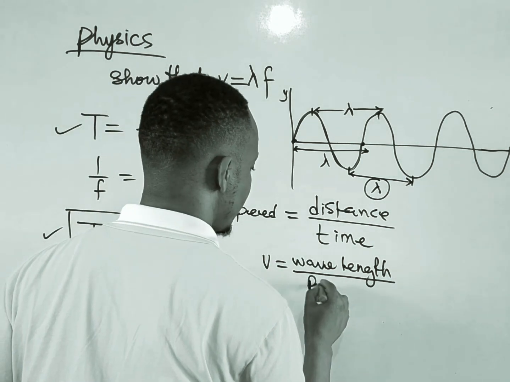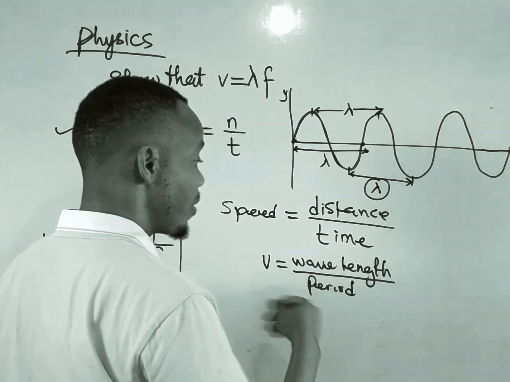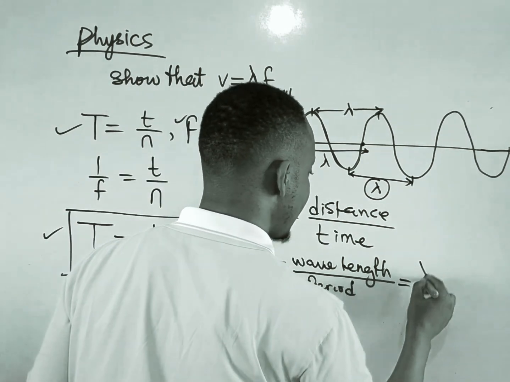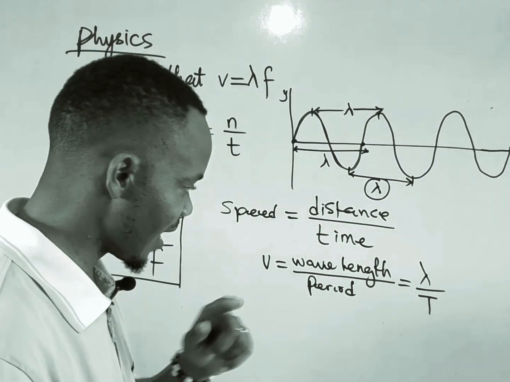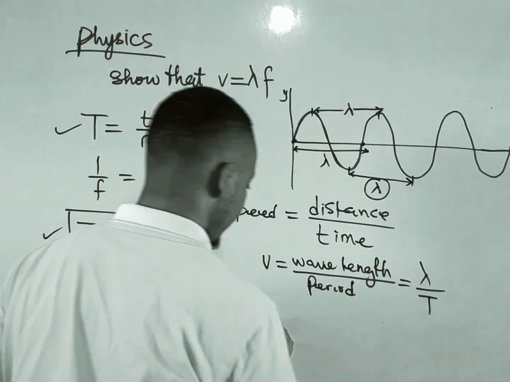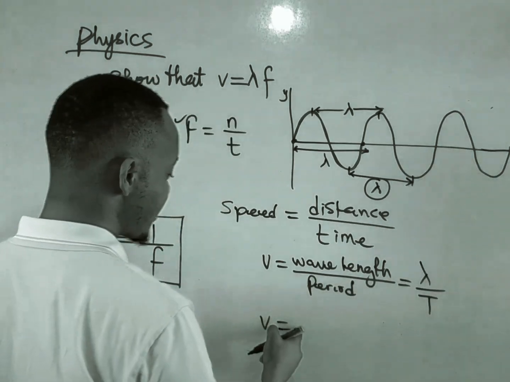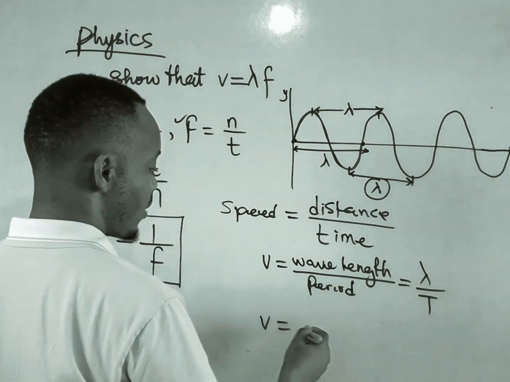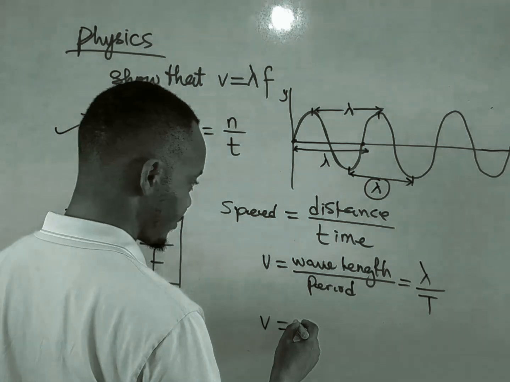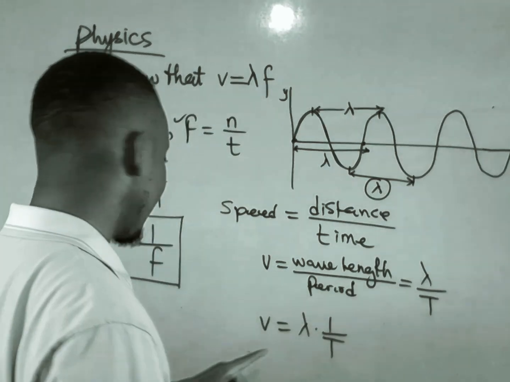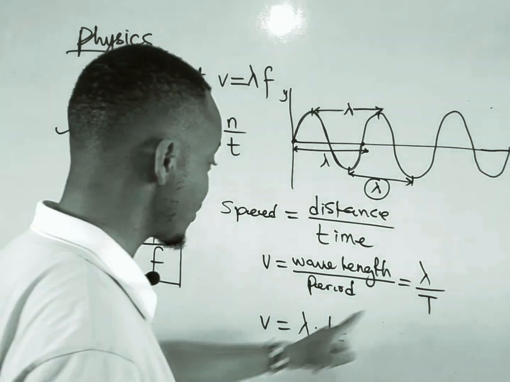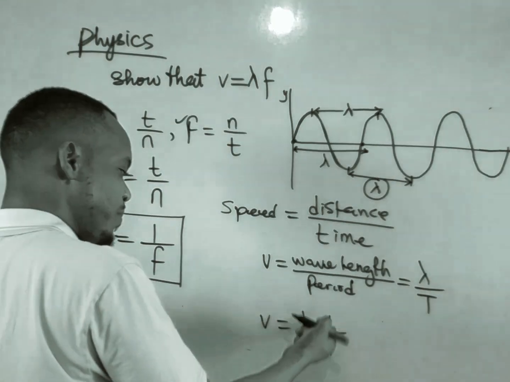So this one is the period. If we put them together, v is equal to wavelength lambda over period T. Do you follow? I will express this as lambda times 1 over T. Now what is 1 over T?